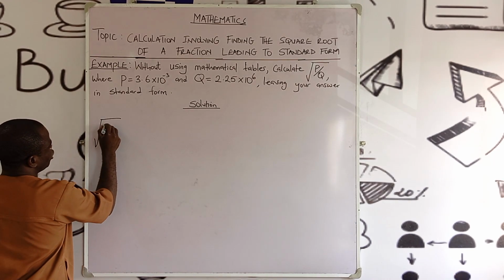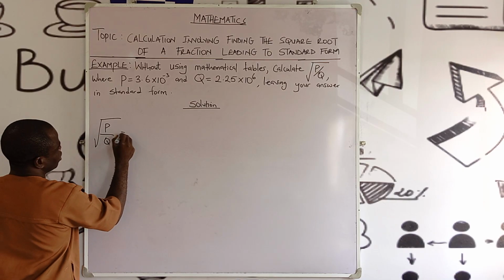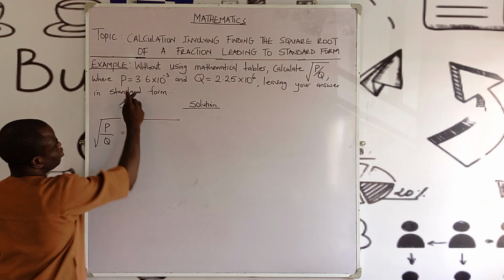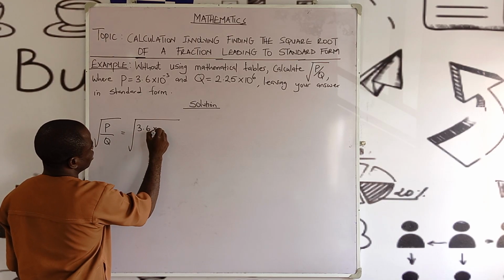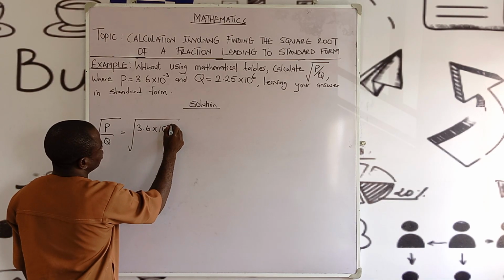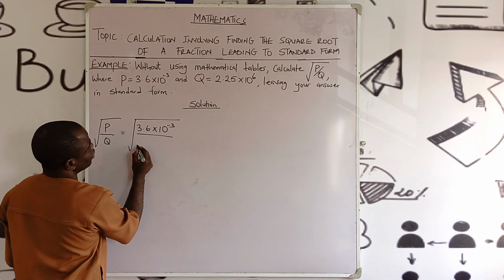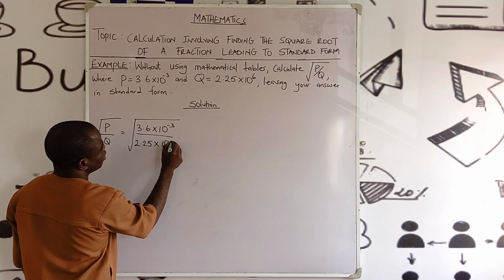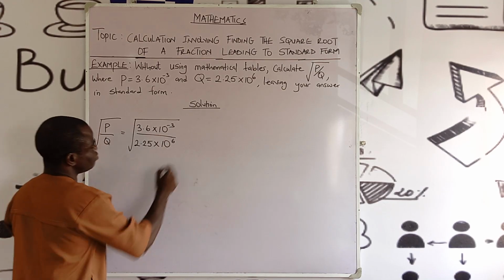Square root of p over q equals square root of, input your values, what's our p? 3.6 times 10 to the power minus 3 over q, which is 2.25 times 10 to the power 6.